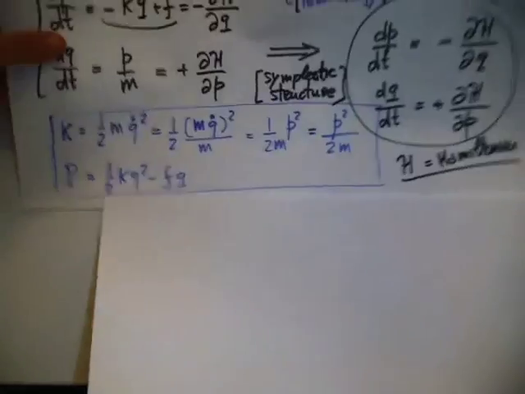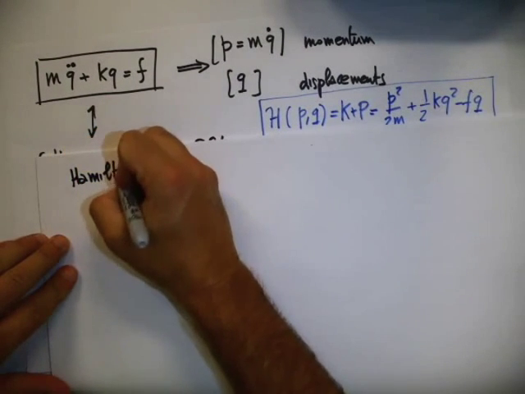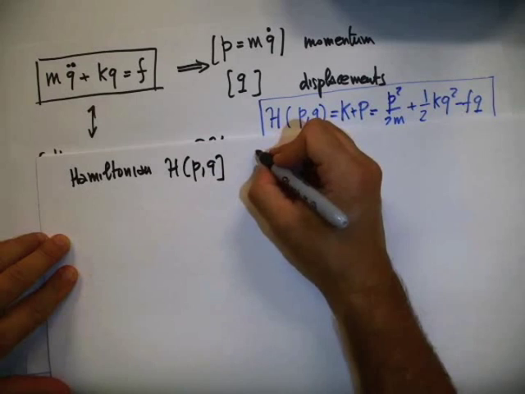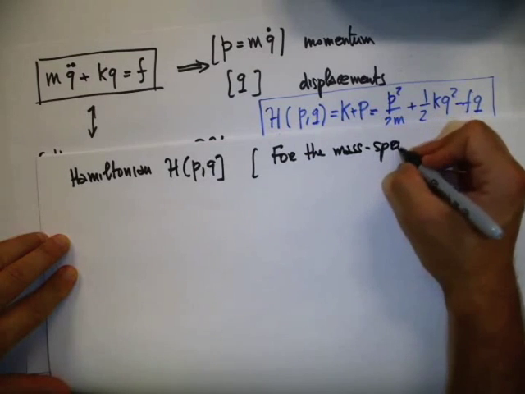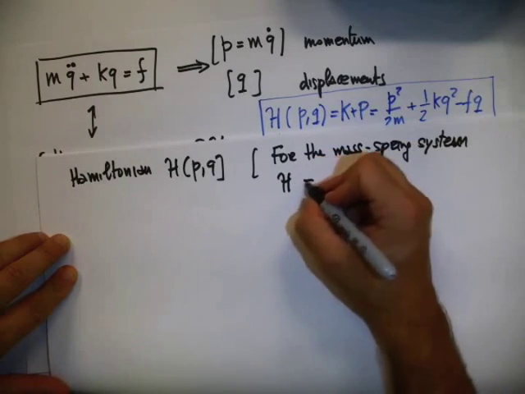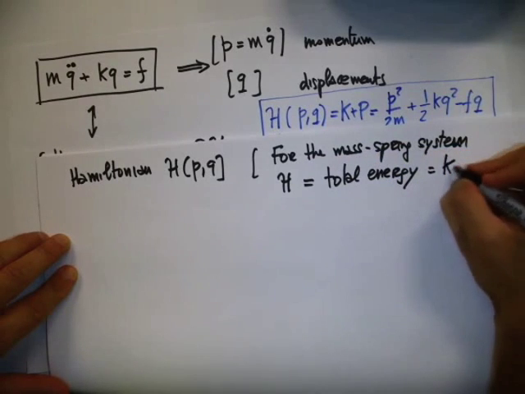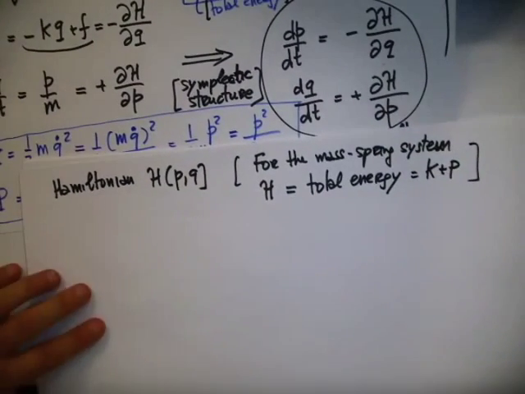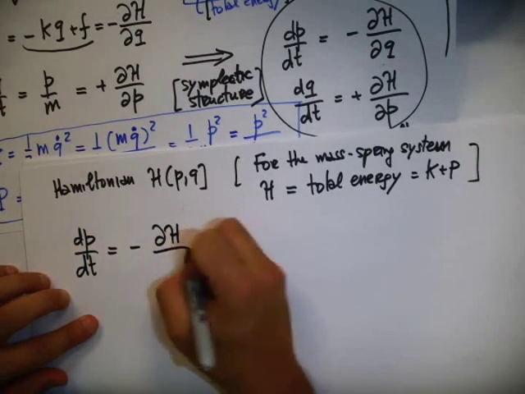Until now, in general, we were able to define a Hamiltonian H, which depends upon p and q, and for the mass spring system H is equal to the total energy, equal to K plus P. And we were able to rewrite the equations as this coupled system of ODEs.